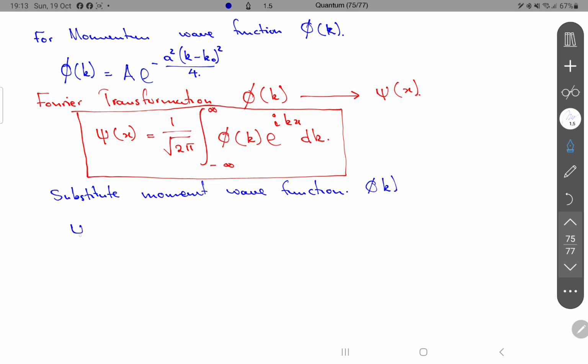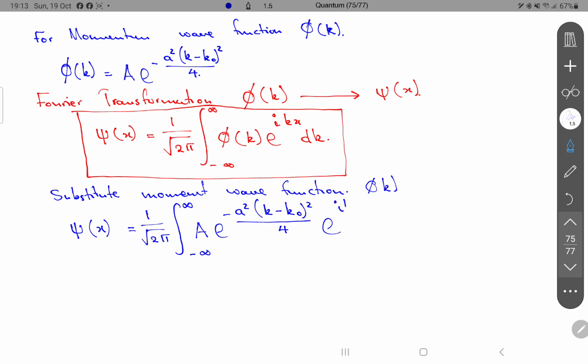We have psi of x equals 1 over the square root of 2 pi, the integral from negative infinity to infinity of A e to the power negative a squared of (k minus k naught) squared all over 4, times e to the power i k x dk. So that is the substitution.